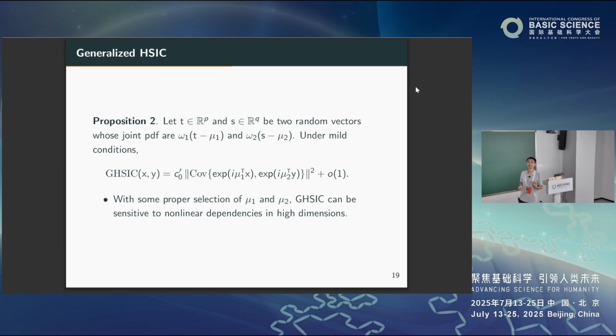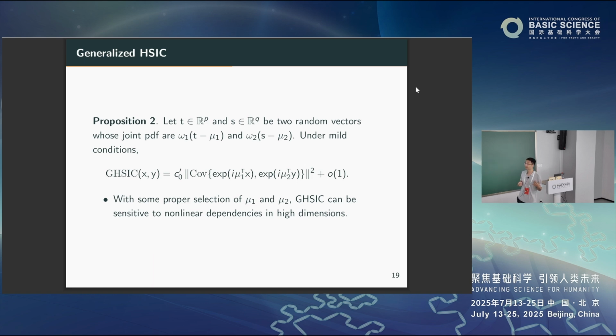Now the question is whether the newly developed generalized HSIC can capture nonlinear dependence in high dimension. Similar to the traditional HSIC, we use the Taylor expansion to investigate this. We can show that the generalized HSIC has a leading term of this form, and more importantly, it will not degenerate to 0.